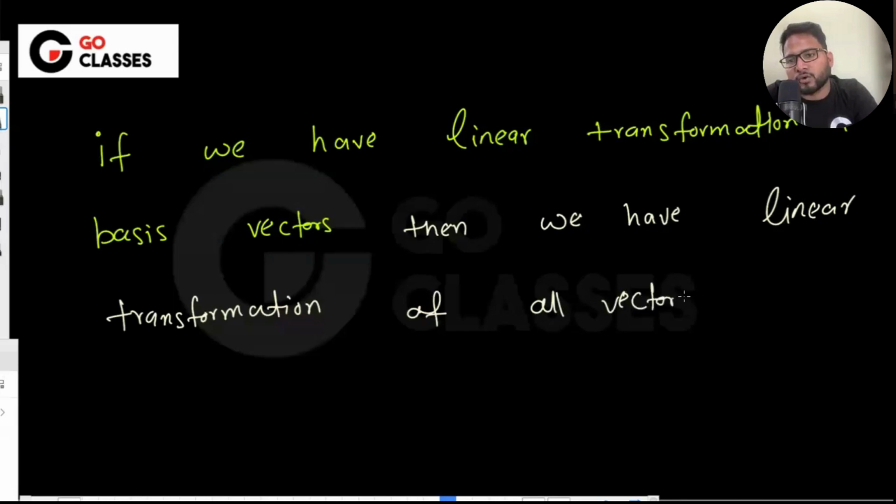Is this understood to you guys? Let me know. If you have the linear transformation of the basis vectors, don't you have the complete linear transformation? How will it be given? The complete linear transformation will be given like this, where T1, T2, and T3 are the linear transformations of the basis vectors, right?